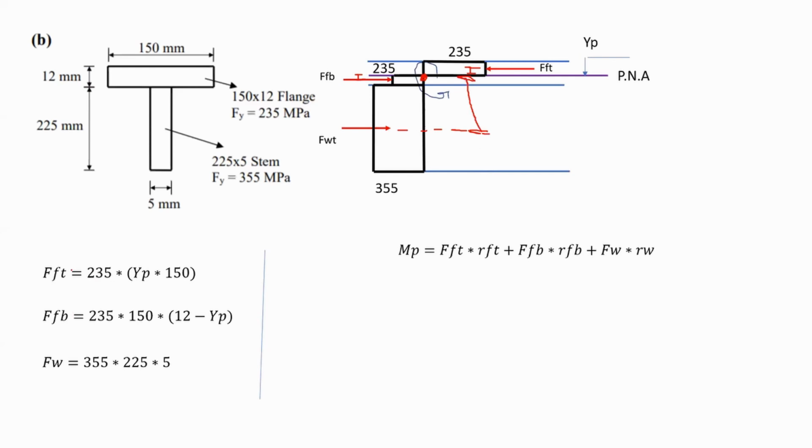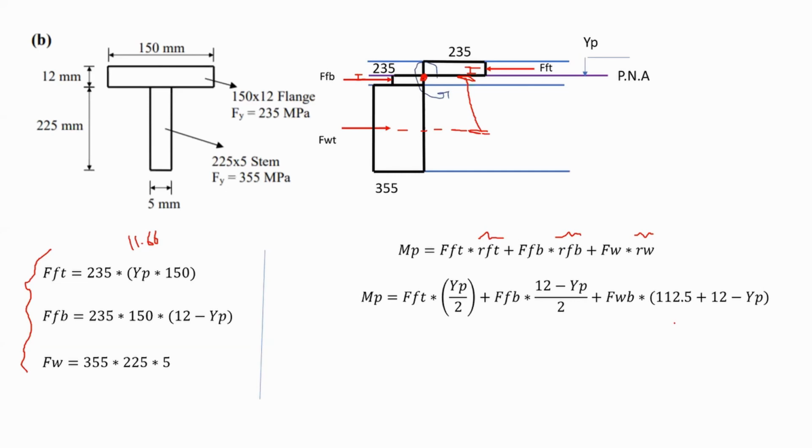Here we have the forces. We found that Yp is 11.66. You can substitute to get your forces here, but you have to find the moment arms, RFT, RFB, and RW. If you calculate all of these, you get something like this.